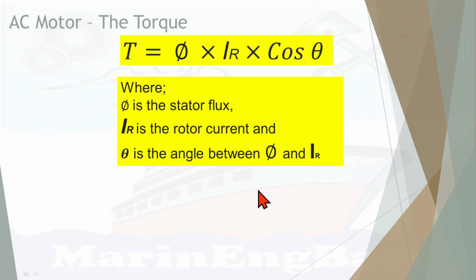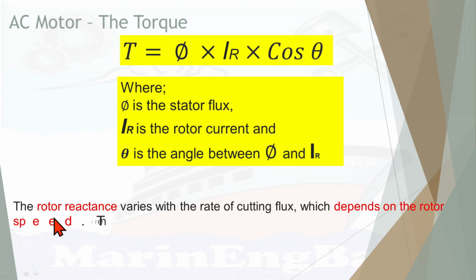Here we go, this is the equation for the torque. The torque is proportional to phi, the stator flux, the rotor current, and cos theta. The cos theta is the angle between your stator flux and the induced current in the rotor, or else you can name it the power factor of the motor.